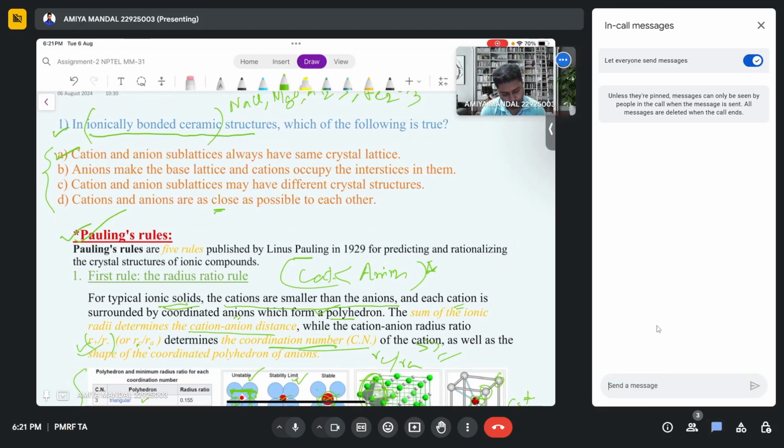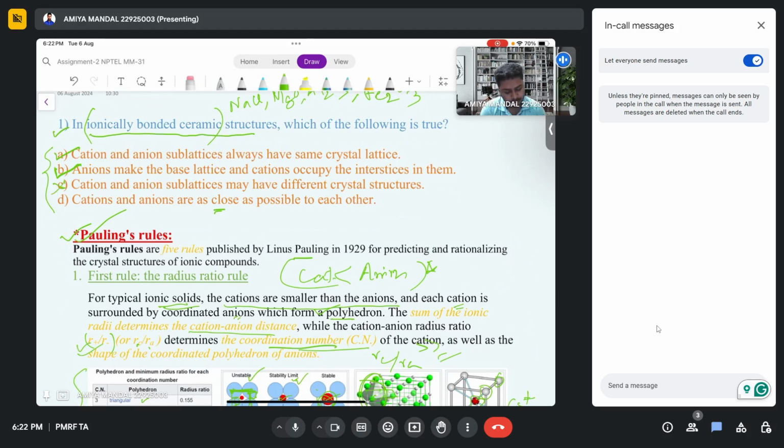Next is, anion makes the base lattice. Of course, anion makes the base lattice, and cations occupy their interstices. This is also true. Cation and anion sublattices may have different crystal structure? No, they always have the same crystal structure. They always lie on the same crystal structure. They reside in the same crystal structure. So this is not clear.